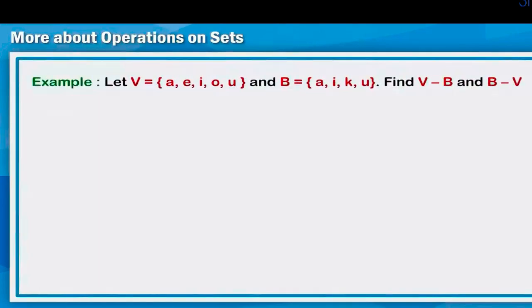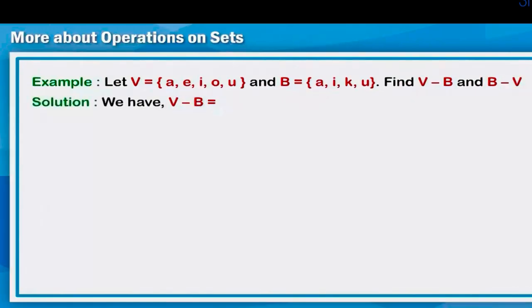Let's take one more example. Let V = {a, e, i, o, u} and B = {a, i, k, u}. Find V minus B and B minus V. Solution.